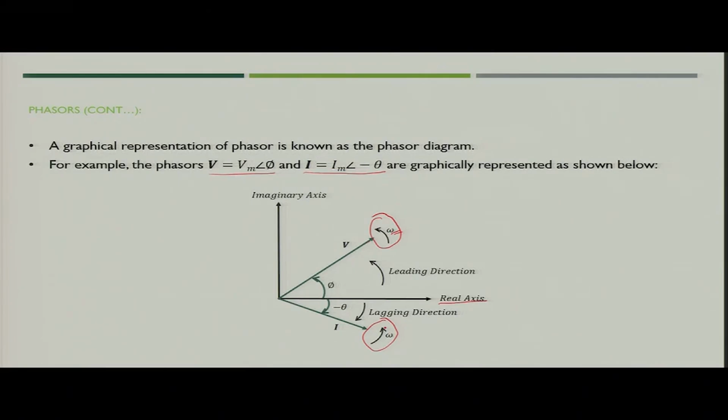That is why they are always constant with respect to each other, but rotating in absolute terms. So, for simplicity, we do not represent omega for the phasor, because it is understood, and we simply represent voltage and current as phasors.